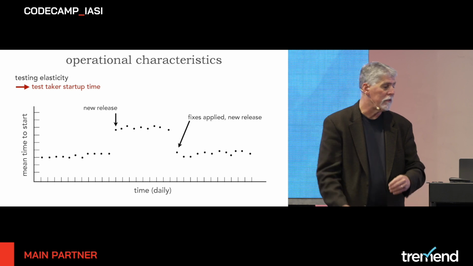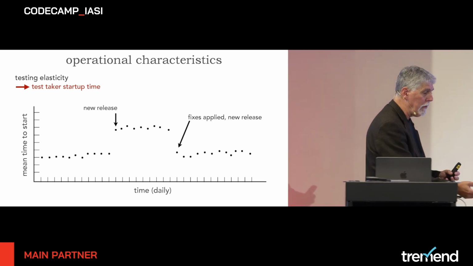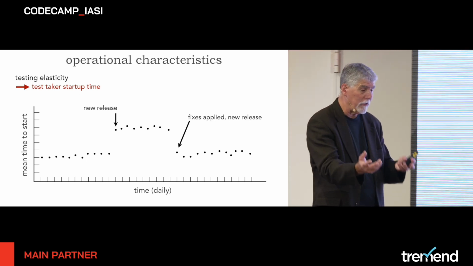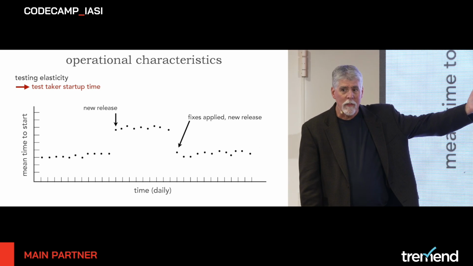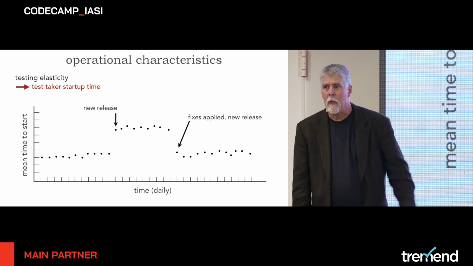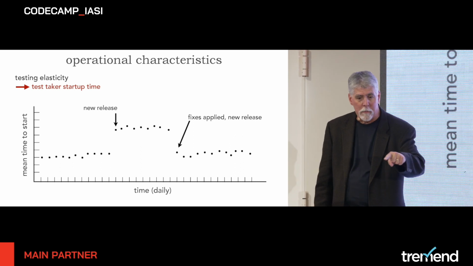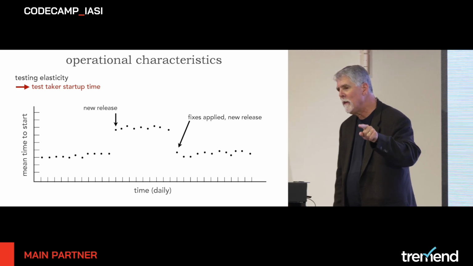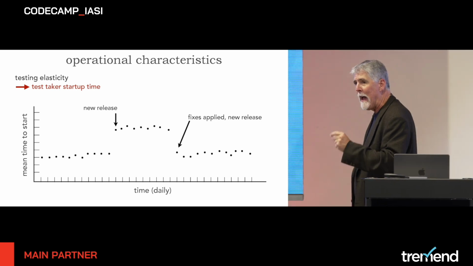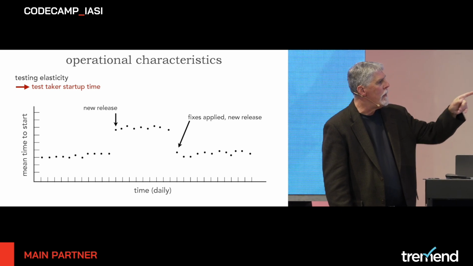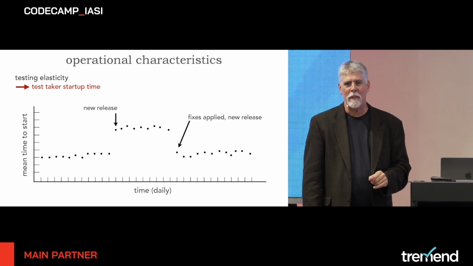Because we're concerned about students signing in, did they get the right question, caching question answers, and all this kind of stuff. No, we don't even think about this. But this is not going to work. So we fix it, we find the problem, it's like, oh, yeah, I didn't even know about that mean time to start, because these instances have to start up fast. I fixed the problem, and that is now where we see that graph.